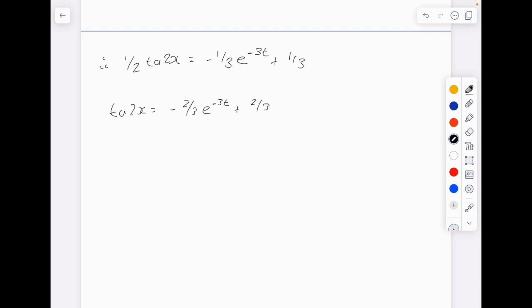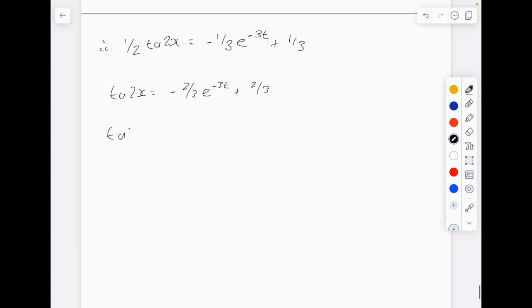Alright. We can therefore take this common factor out now, and say fine, 2 over 3 times (1 minus e to negative 3t).